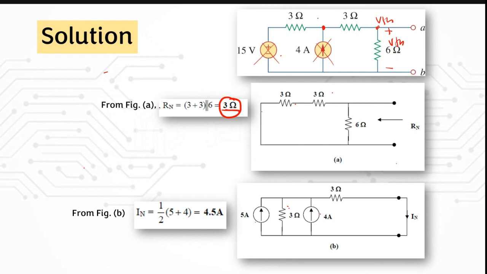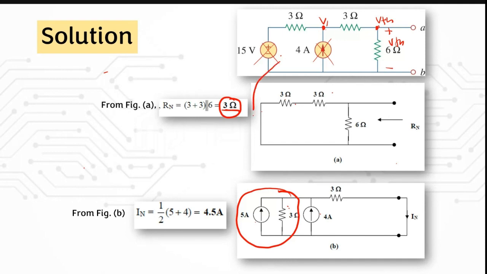This is the VTH, and then here you can just put the V1, because this is the different node. When you put the node here, you directly calculate the VTH here. You can calculate that, or you can use any other method like mesh analysis if you want. But for this example, it uses the source transformation here.